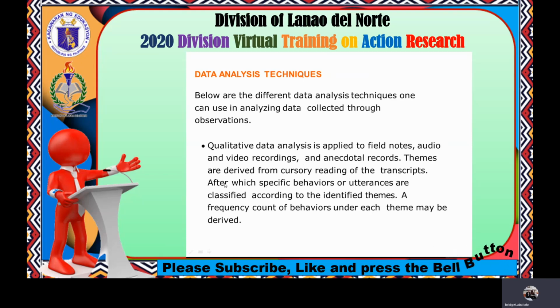After which, specific behaviors or utterances are classified according to the identified themes. A frequency count of behaviors under each theme may be derived. So, I think Doc Saicon will discuss to you about this qualitative data analysis.